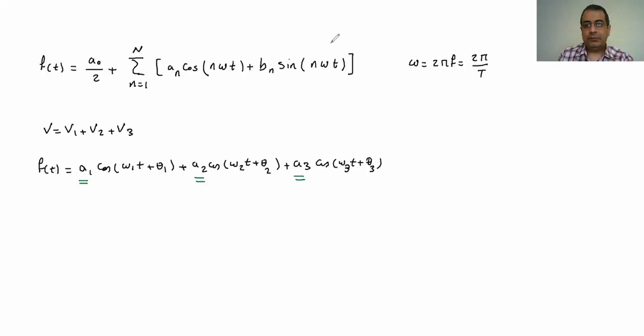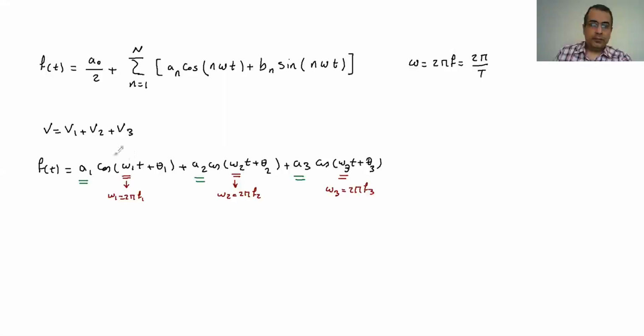So if I come here, it's the omega 1, which basically corresponds to f1. So omega 1 is 2 pi f1, and the same here: omega 2 is 2 pi f2, and the same here: omega 3 is 2 pi f3.